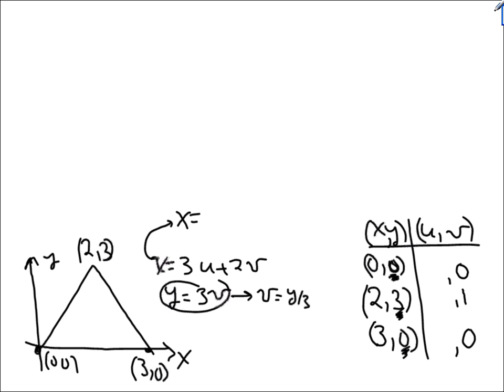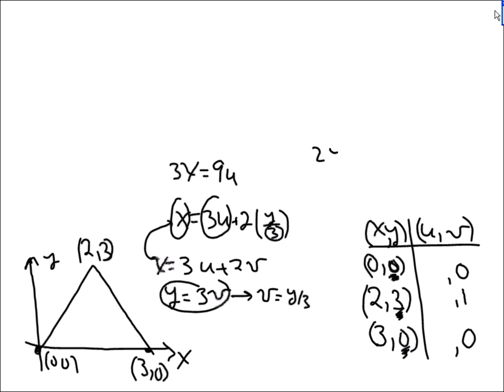Okay. Now, updating this equation, we know that v is y over 3. Now, I hate having fractions, so I multiply everything by 3. When I multiply this by 3, I get 3x. When I multiply this by 3, I get 9u. And the reason I'm multiplying by 3 is to kill off that 3.